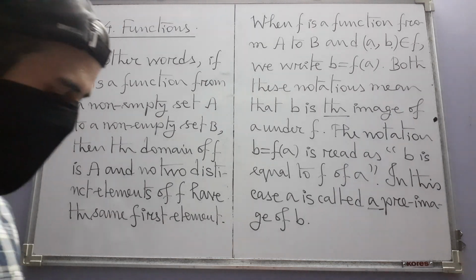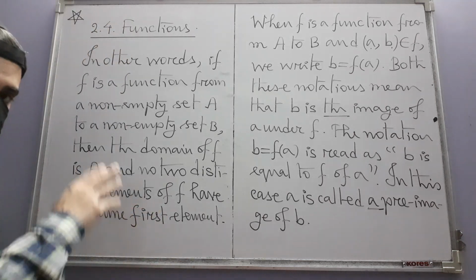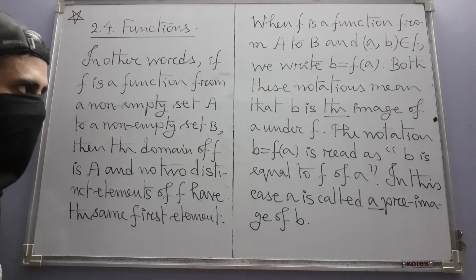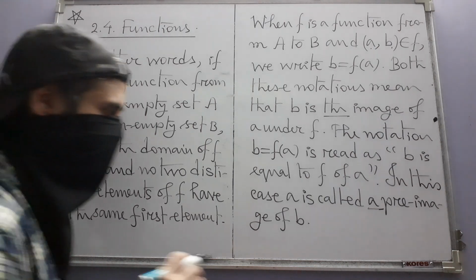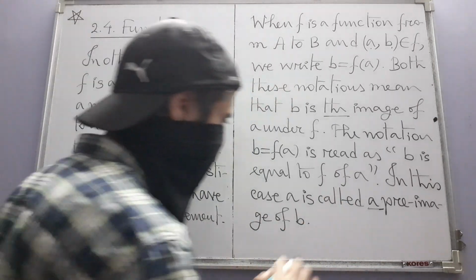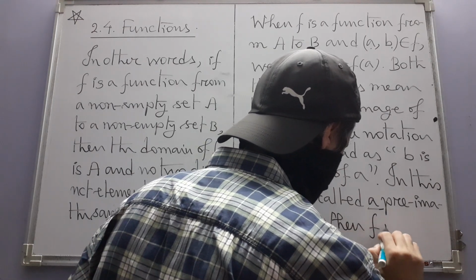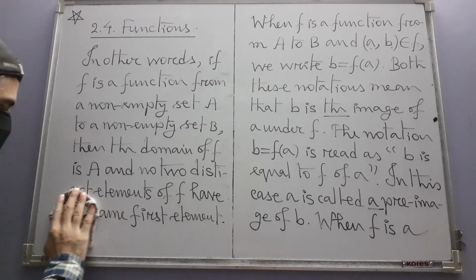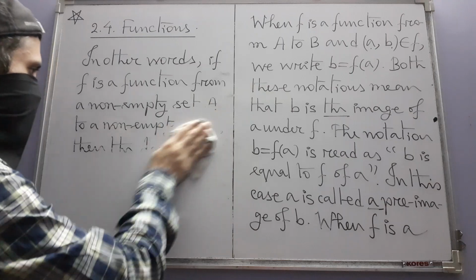And in fact, the text doesn't immediately offer us these examples, but I am going to show some such examples. Let's just see the examples now itself. But before we see the examples though, there is something else that I need to say here. When f is a function from A to B, there is a notation to express just this itself.